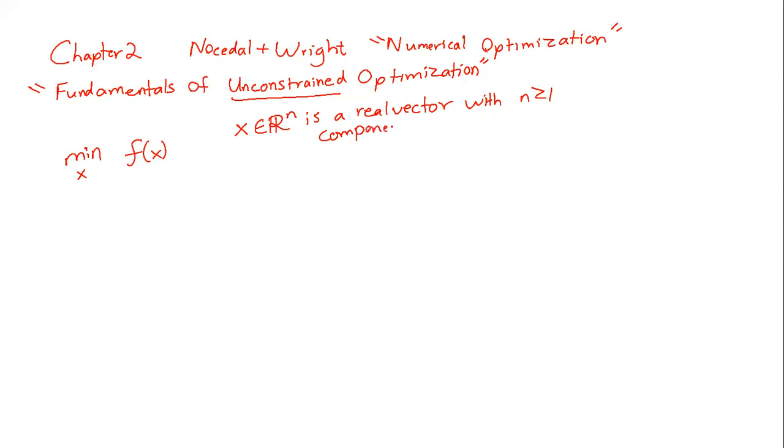That means you have n decision variables here, where each of these x_i's is a decision variable. And the function f itself, even though it takes a vector, maps it to a scalar. We're going to assume that this is a smooth function so that you can differentiate it.